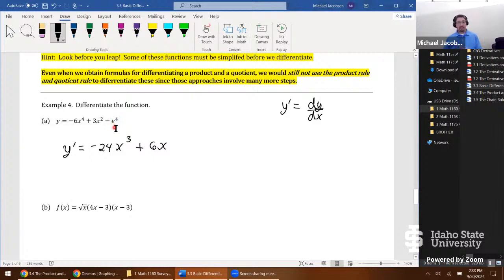But we have to be really careful with -e to the power 4. This is essentially a trick question with that thing. Anyone see what that would go to as a derivative?